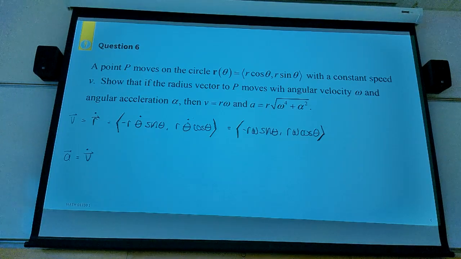Well, acceleration is the derivative of that. Is the radius a function of time? So does r change with time?